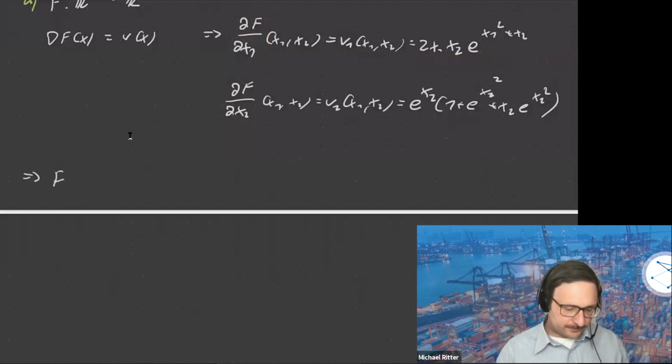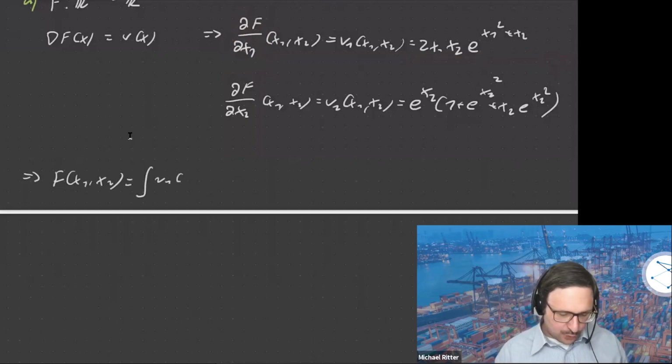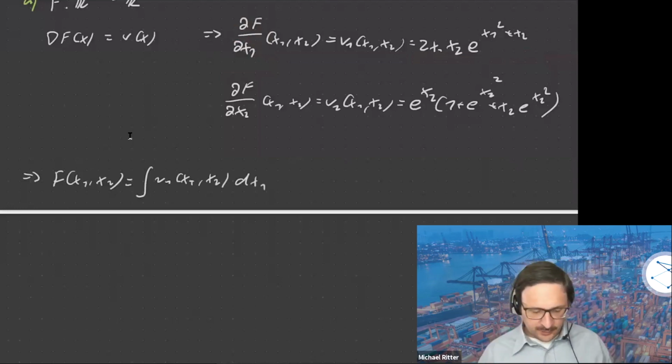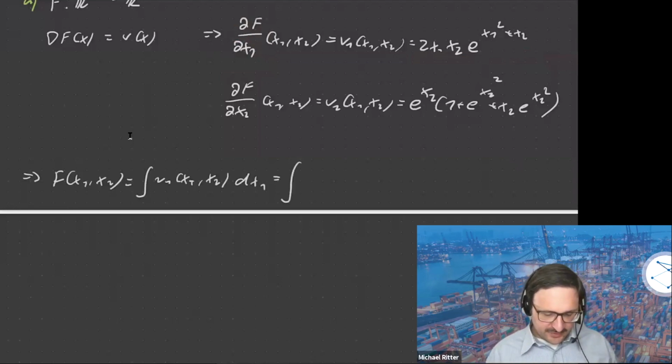So F of x1, x2 is of the form integral of v1 over x1, x2 dx1. So we just need to compute this integral over 2x1 x2 e to the x1 squared plus x2 dx1.